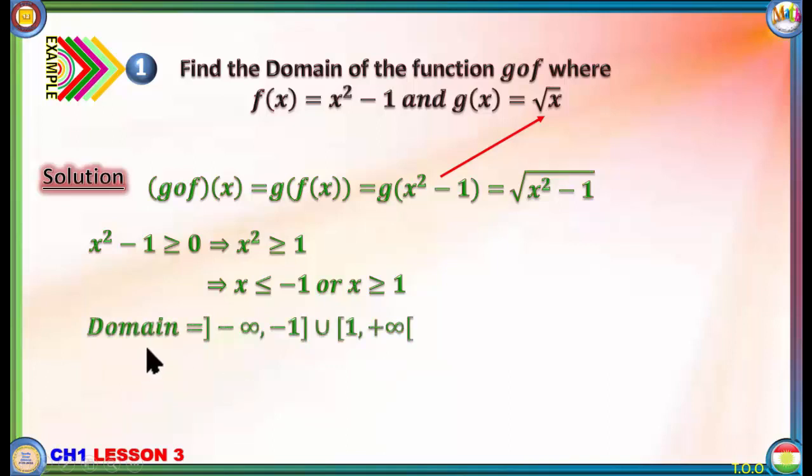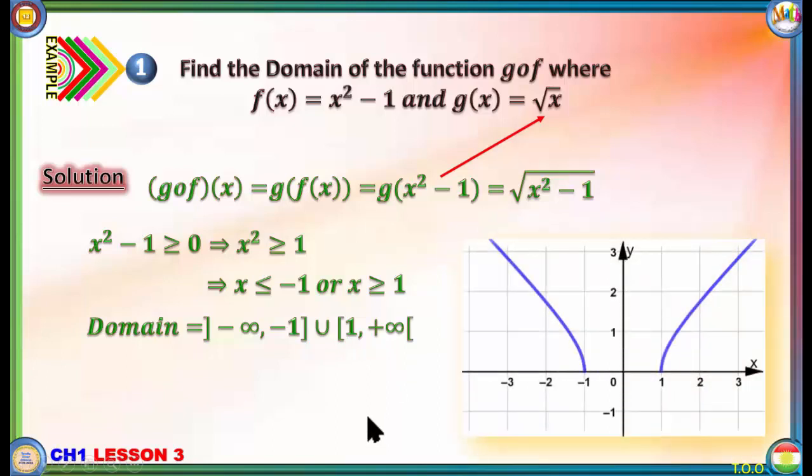Therefore, the domain is minus infinity to minus 1 union 1 to positive infinity, as you can see in the graph of the function, coming from minus infinity to minus 1, after that from 1 to positive infinity. Because the sign of the square root was positive, this function's range is all positive numbers. That means the range is from 0 to positive infinity.